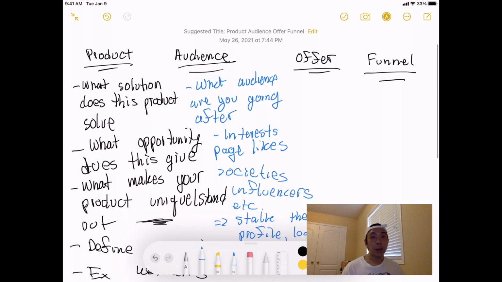So, now let's talk about the offer. Now, this is really important. A lot of you won't be dealing with the ad side of things, but you should really understand it so you can go to your agency, your marketing person, and really communicate this. Not only will it make their job a lot easier, but it will also result in you having better performance.